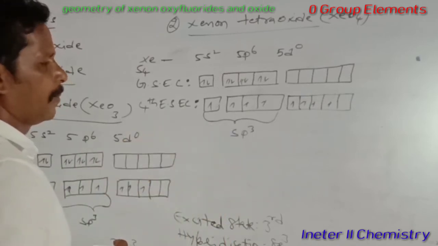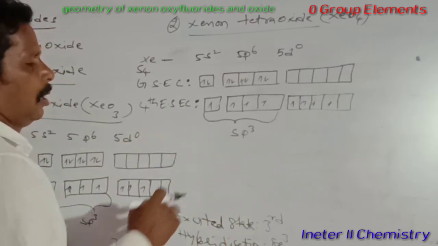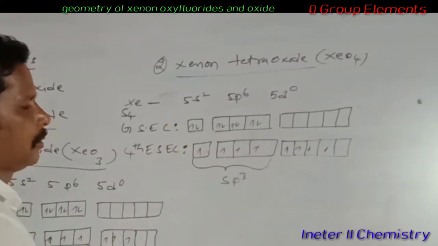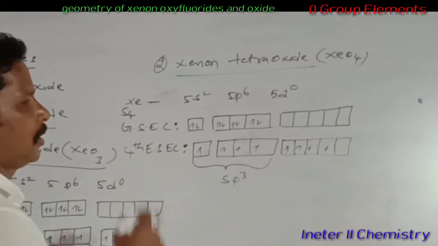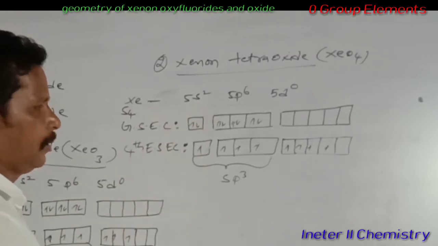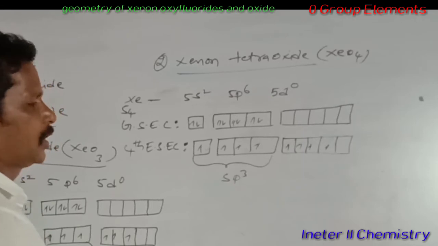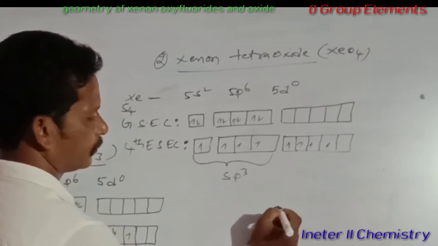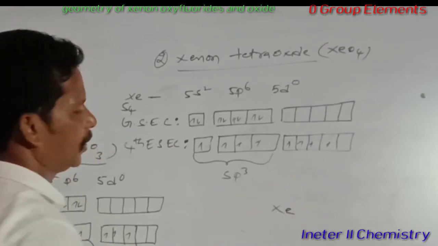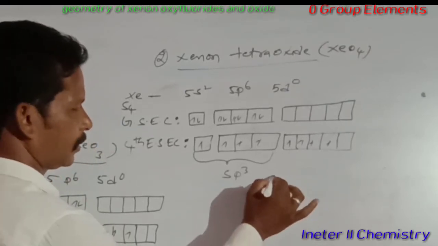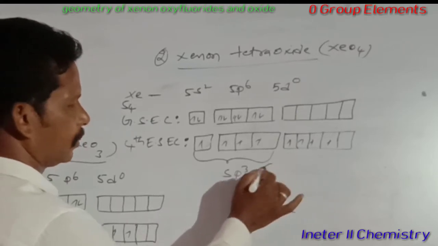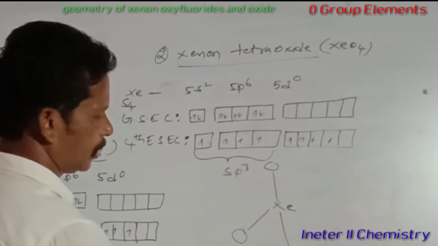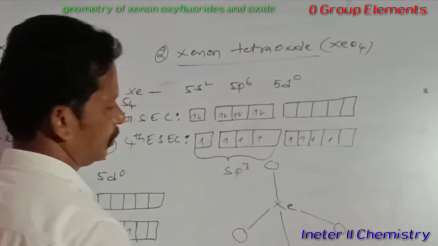Only the sp3 hybrid orbitals axially overlap with the unpaired electrons of the 2pz orbitals of 4 oxygens separately, then 4 sp3-p sigma bonds are formed. So xenon, you can write like this, there is no lone pair, one sigma bond is formed with oxygen, and another, and another, and another.